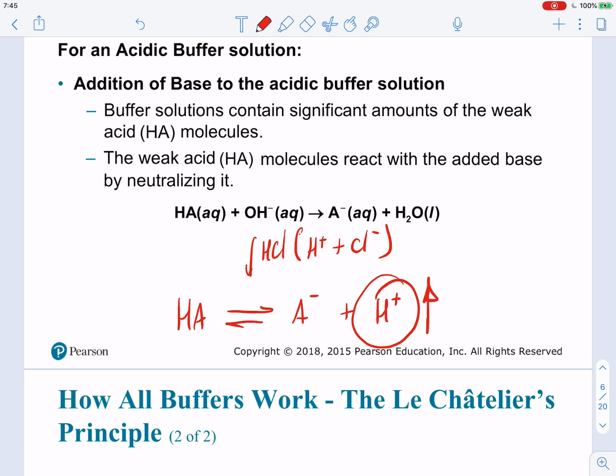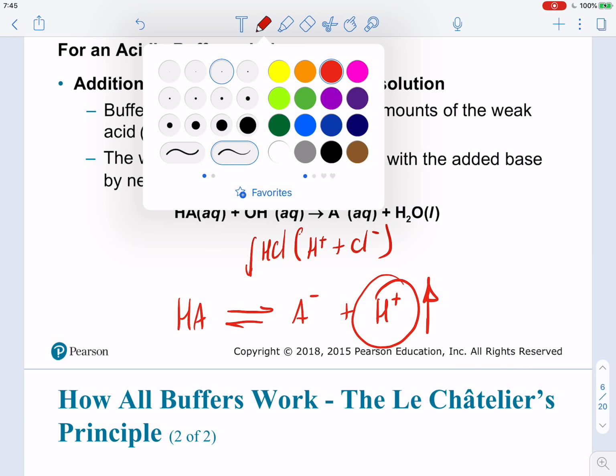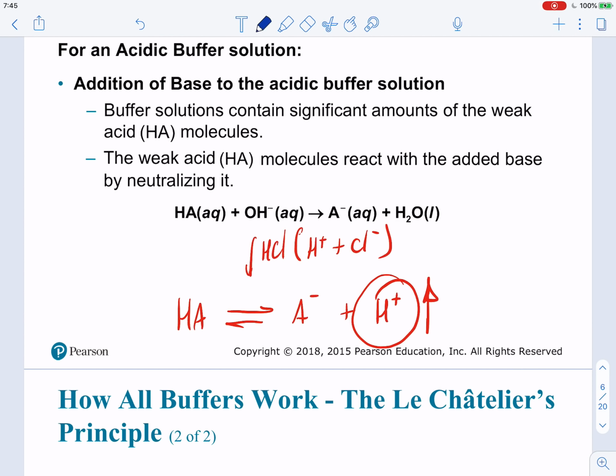What is the response of the equilibrium? The response of the equilibrium is to shift to the left. If you increase the concentration of H plus here, you are going to shift that equilibrium in a way that will decrease the concentration of added protons.